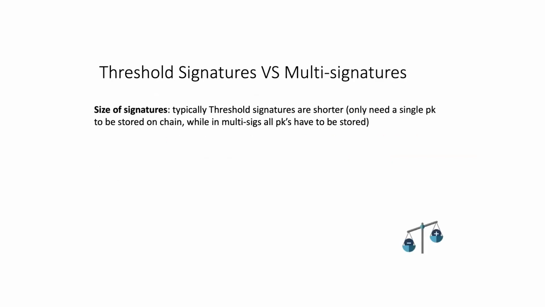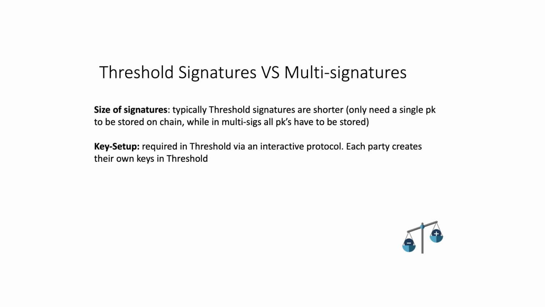So if you try to compare threshold signatures and multi-signatures, it's really a trade-off. It depends on what kind of applications you want, what kind of features you want. The most important thing is that, in terms of sizes, typically threshold signatures are shorter. You just need a single public key. Multi-signatures, eventually you need all the public keys. The key setup is required in threshold signatures.